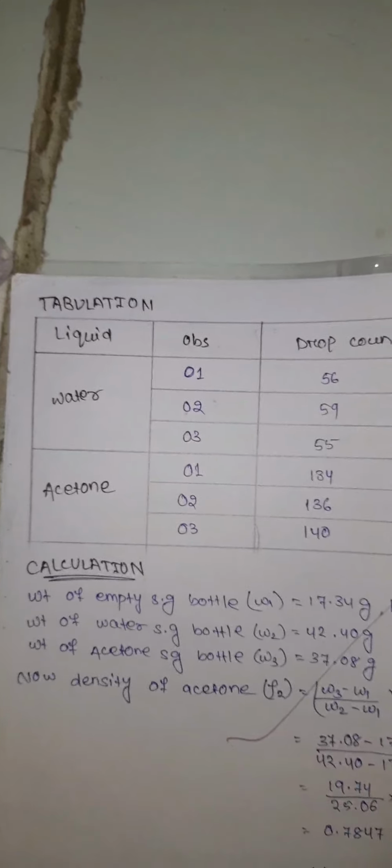The calculations were followed from the lab manual, that is, at first tabulation for water and acetone, observations, drop count, mean, then calculations.